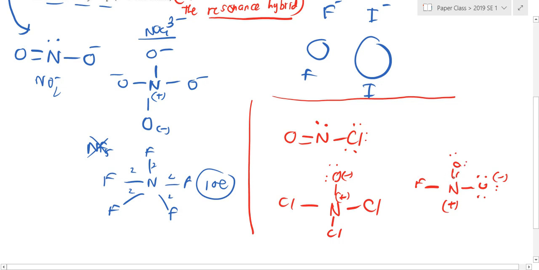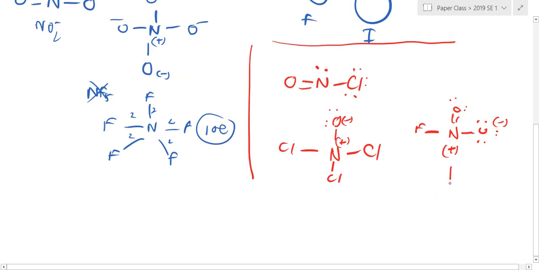Okay. Again you can draw a resonance for this somewhat stable one, because this minus can be here also. It means we can draw like this. O minus, N plus is there. This is F. This should now be a double bond. Same thing, the O minus charge jumps to this oxygen.